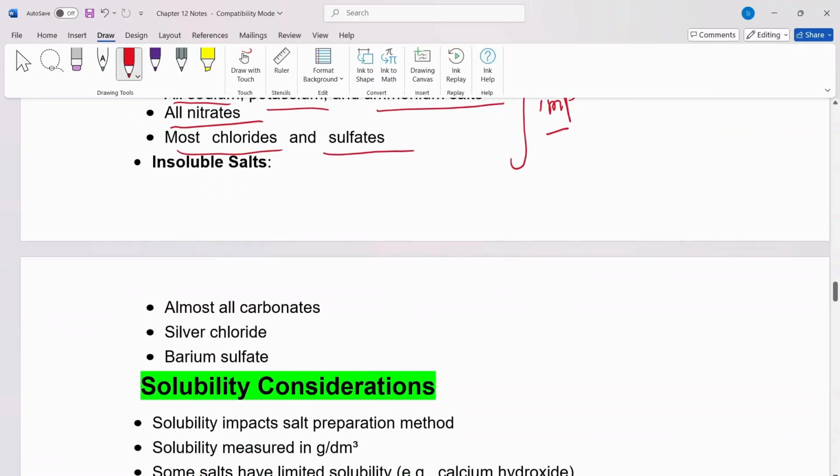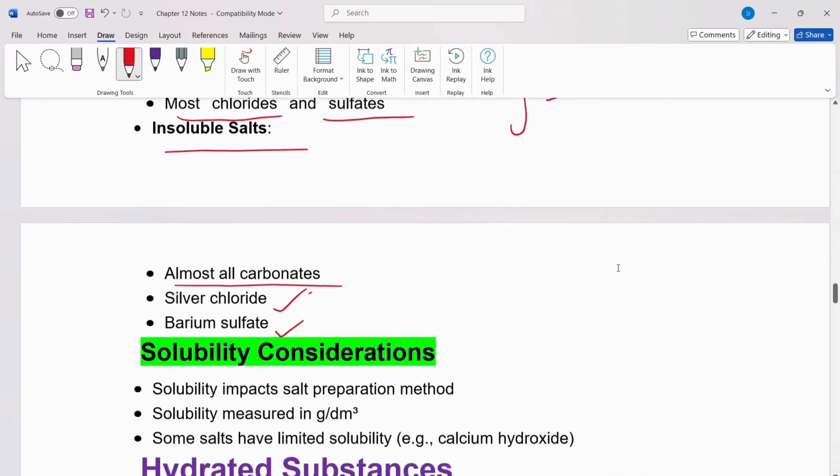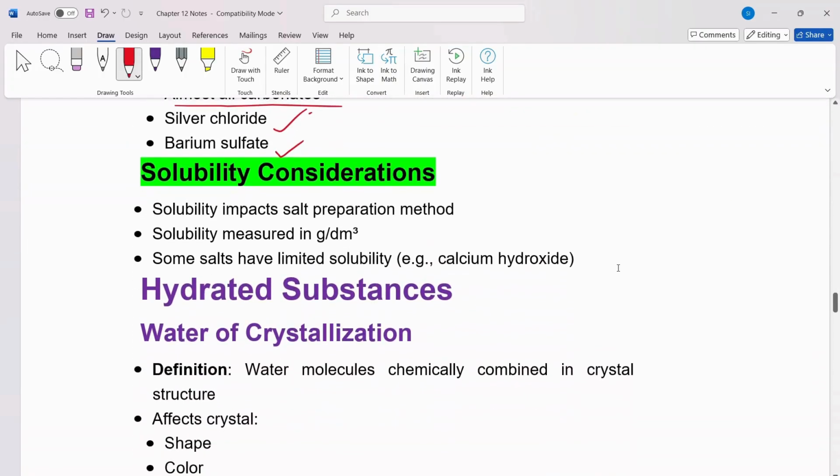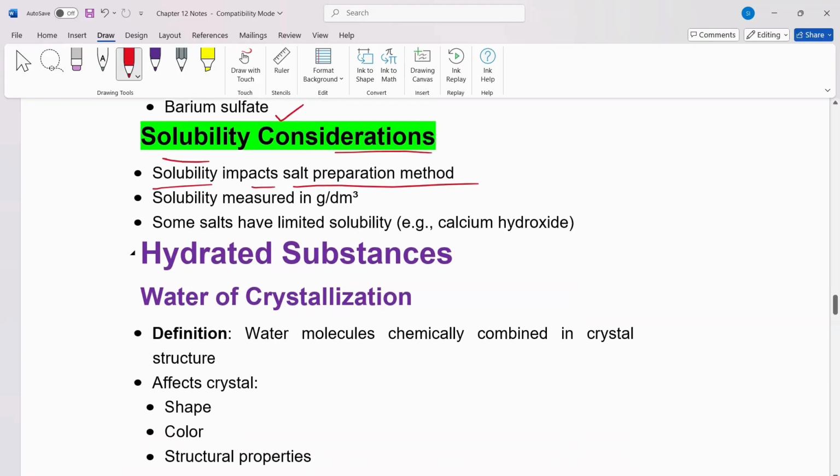Insoluble salts: almost all carbonates, silver chloride, barium sulfate, these are all examples of insoluble salts. Now let's talk about solubility considerations. Solubility impacts salt preparation method. Solubility is measured in grams per decimeter cubed. Some salts have limited solubility such as calcium hydroxide.